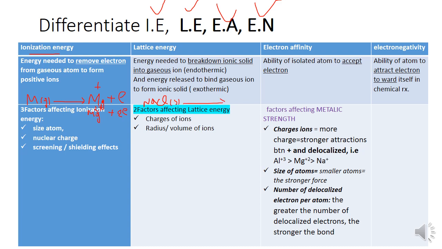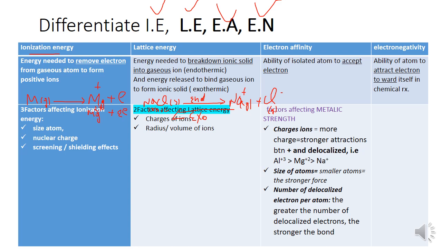When it is broken down, it gives the sodium ion gas plus the chloride ion gas. This is endothermic. Then when these ions come together to form the ionic solid, it is exothermic. This is the definition of lattice energy in both the endothermic and exothermic ways.